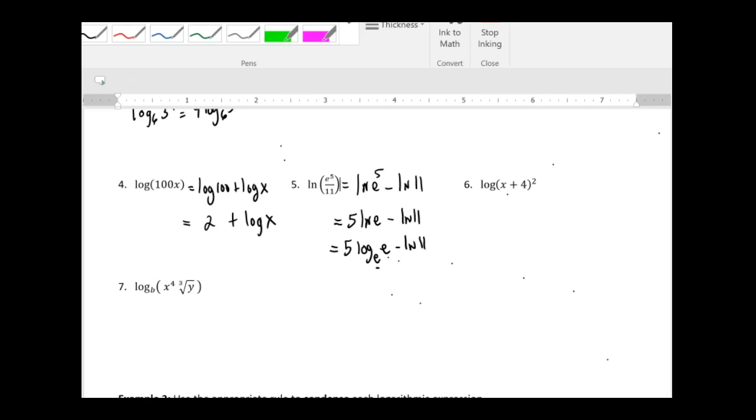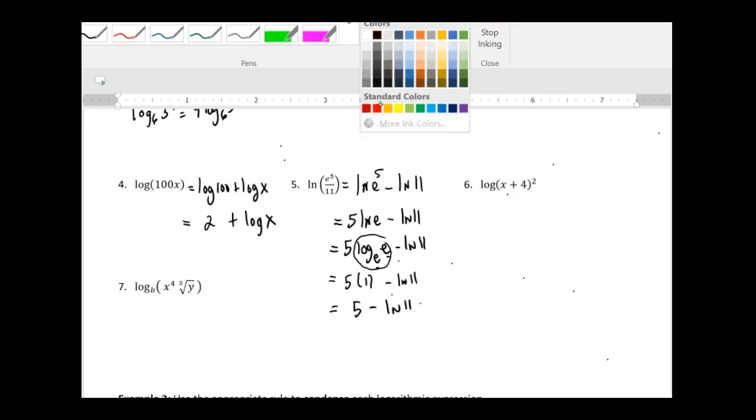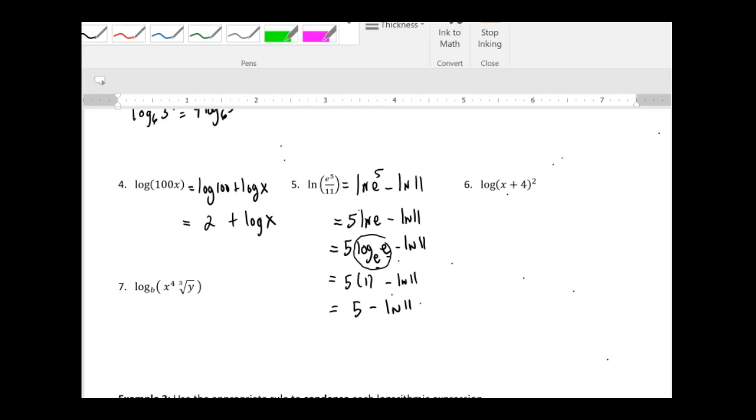Since this base is e and this is also base e, then the property that we can use here is that this is going to be equal to 1. So my answer here would be 5 minus natural log 11. Sometimes people just like to cancel out the ln and the e, but the reason we can do that is because they have the same base.